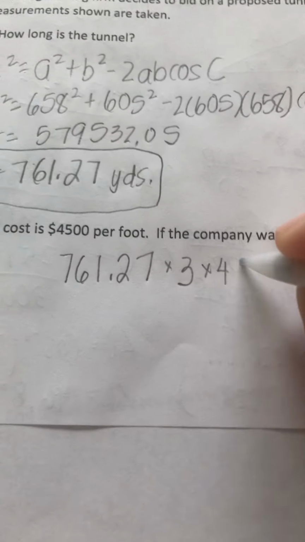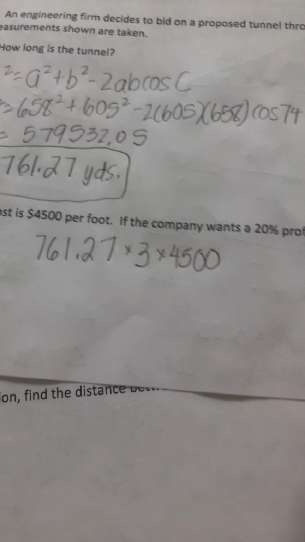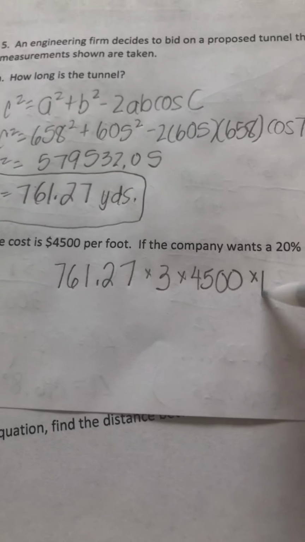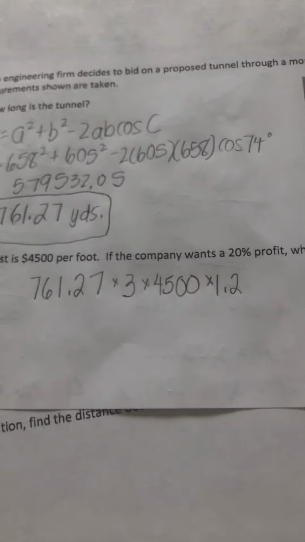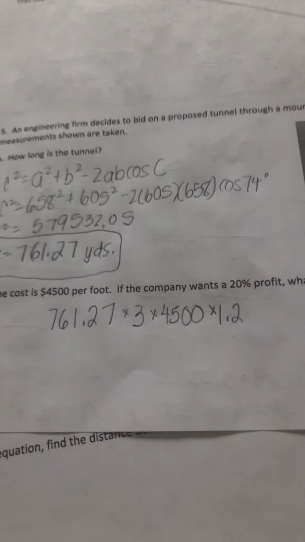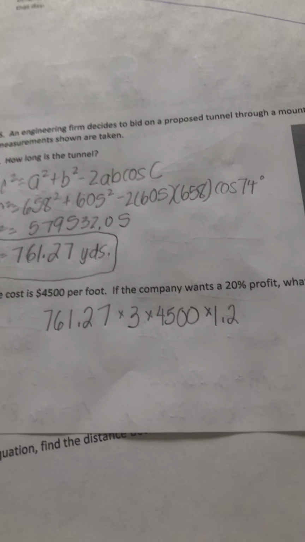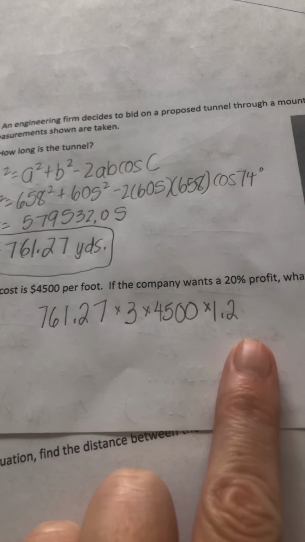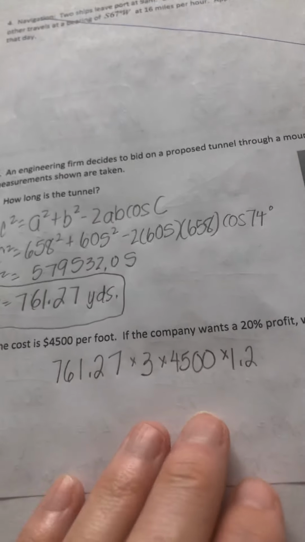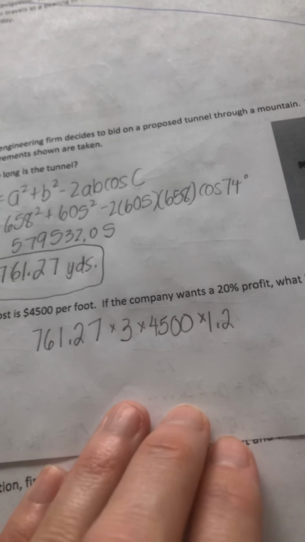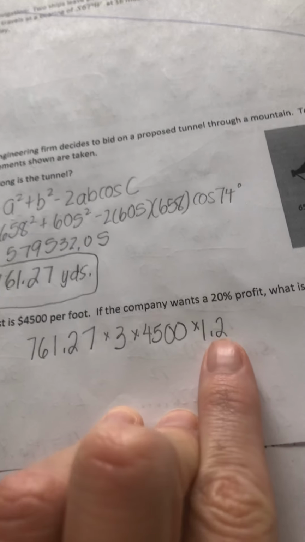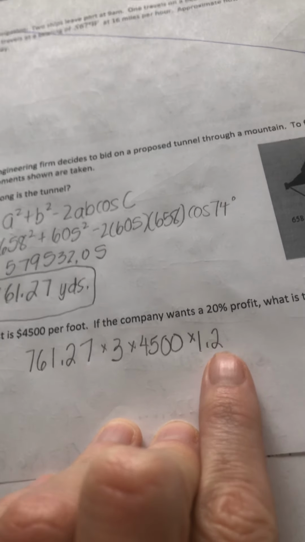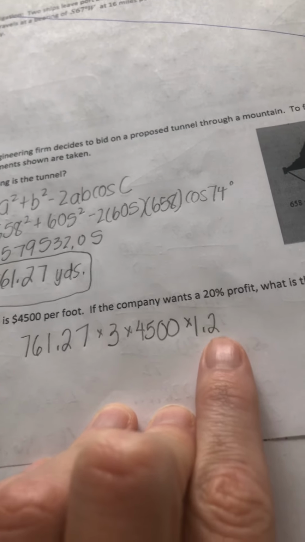And they want to make a 20% profit. So I am going to multiply this by 1.2. If you multiplied it by 0.2, you would still have to add that amount onto the original amount. So what I will do is multiply it by 1.2, and that's 120%. That'll give you the actual bid amount without having to add. This represents 120%. Because 100% is the cost to them, but they want to make a 20% profit.